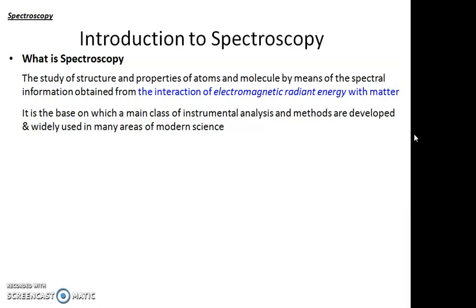Analyzing our spectra is what you call spectroscopy, where we obtain the spectra by the interaction of matter and electromagnetic radiations. So let us now move to the next part.